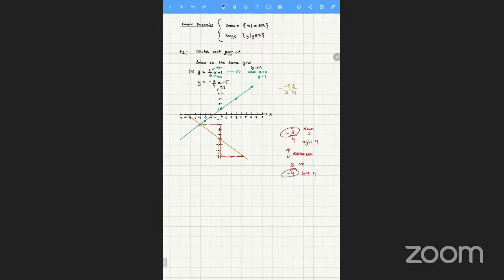I don't think so. Wait, my point of intersection could be wrong, but I'm pretty sure it's -4, -3.